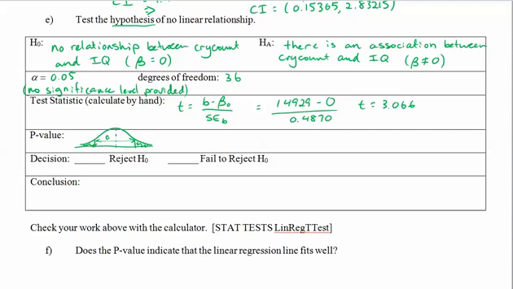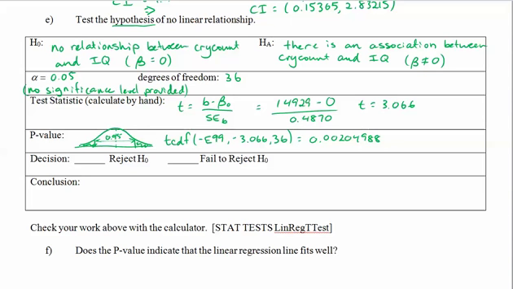For the calculator we use tcdf, going from the lowest one, negative E99, to negative 3.066, with 36 degrees of freedom. And so then we get 0.00204988 when you calculate that out. So that only gives us the left-hand tail end.